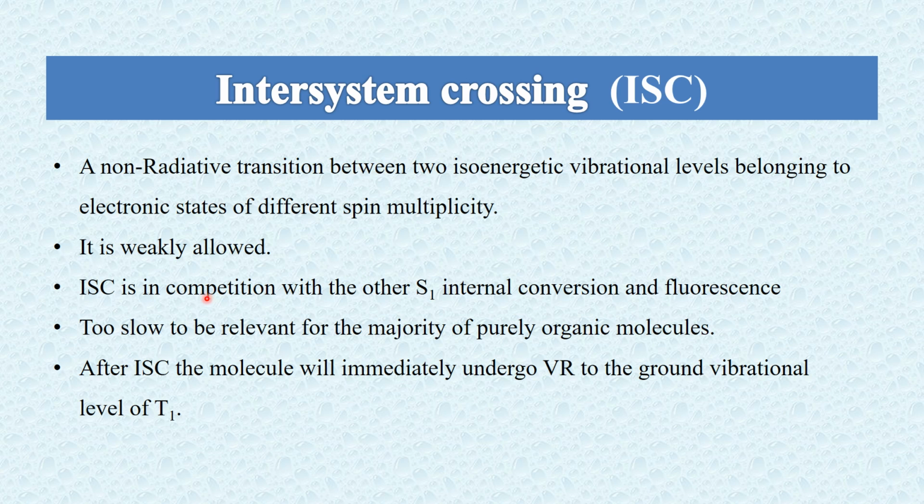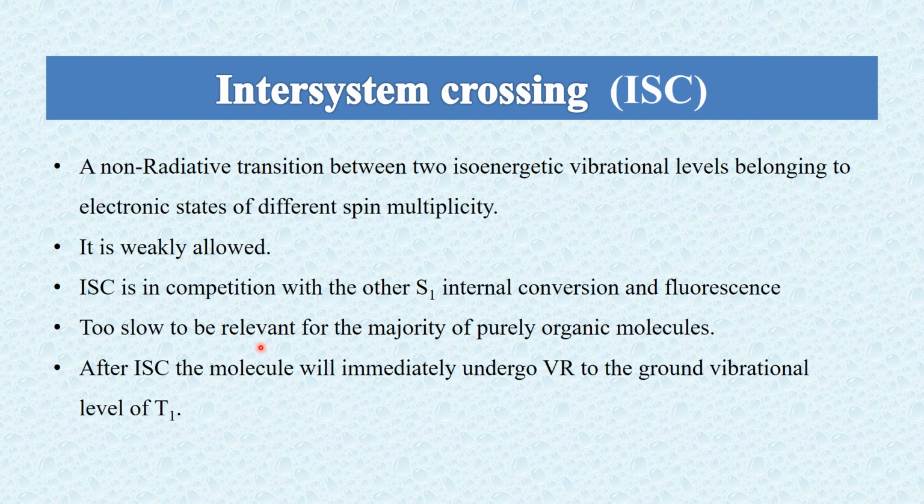Usually, this intersystem crossing is when an electron comes from the higher or excited singlet state to the triplet state. It is in competition with internal conversion and fluorescence. It is too slow because it is weakly allowed, or we can say it is a forbidden transition.